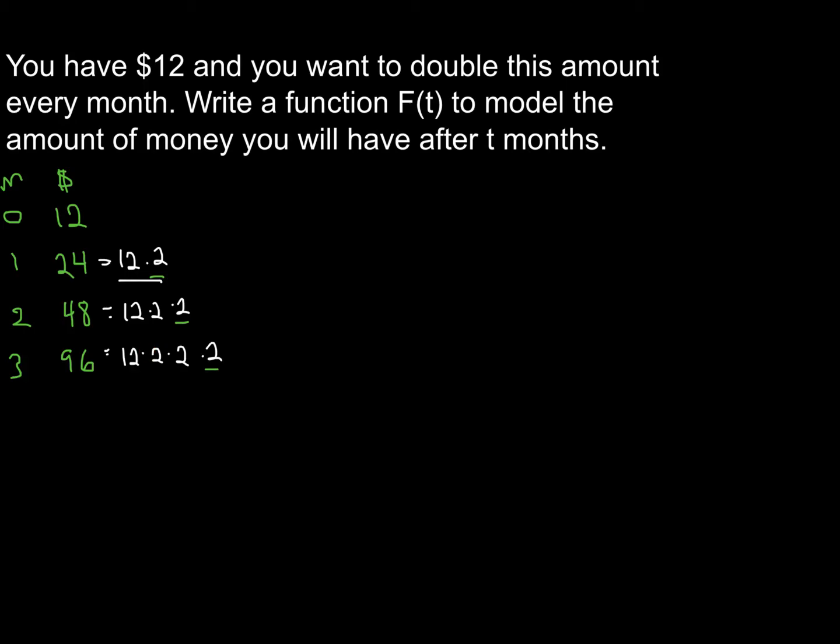So, what is my function going to be? Well, f of t is going to take my value 12, and it's going to multiply it by 2 a certain number of times. After 1 month, I want to multiply it by one 2. After 2 months, I want to have multiplied it by two 2's. And after 3 months, I want to have multiplied it by three 2's. In other words, 2 to the t.